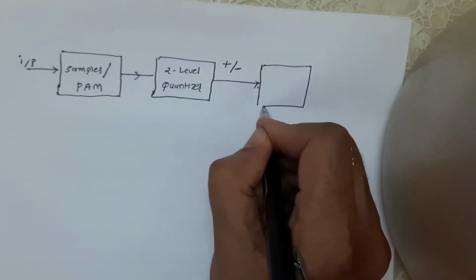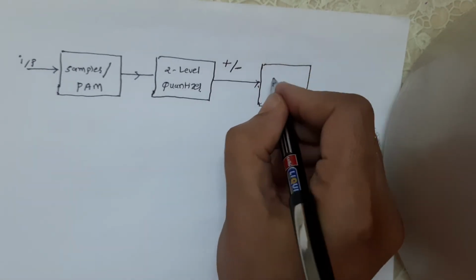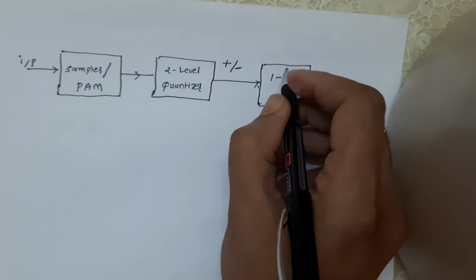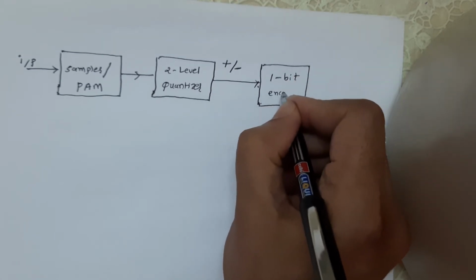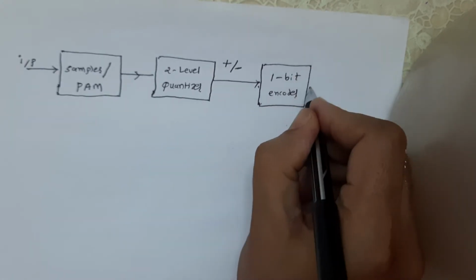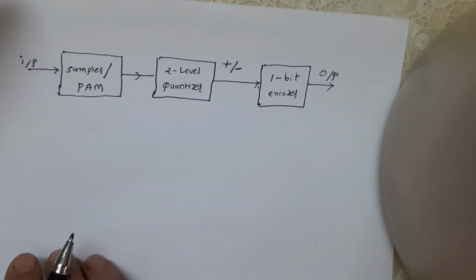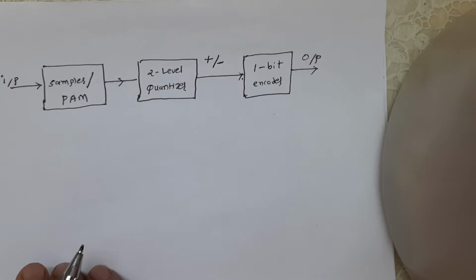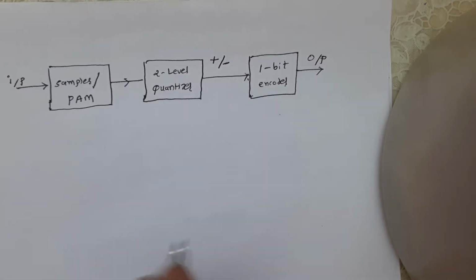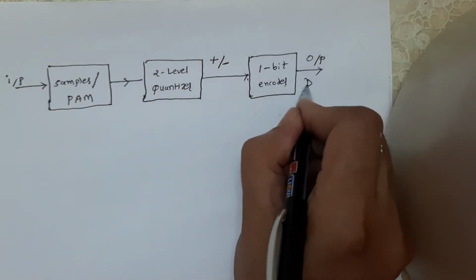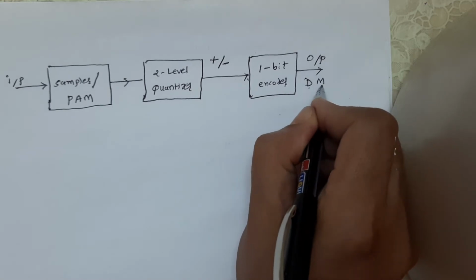This is your 1-bit encoder, and the output is the DM wave, the delta modulation wave.